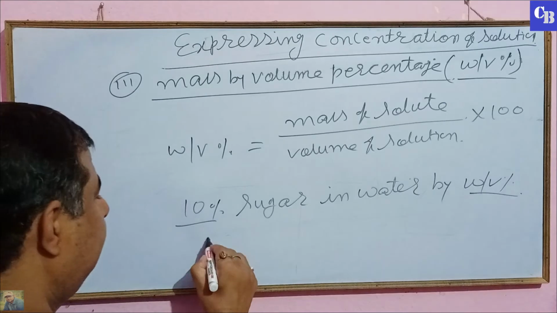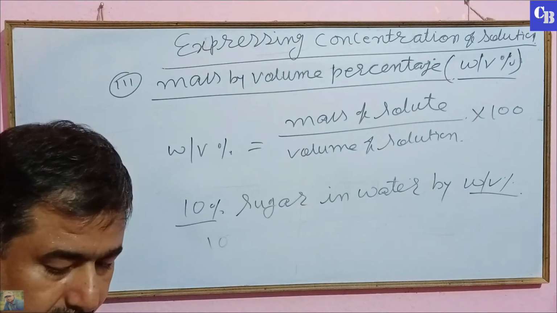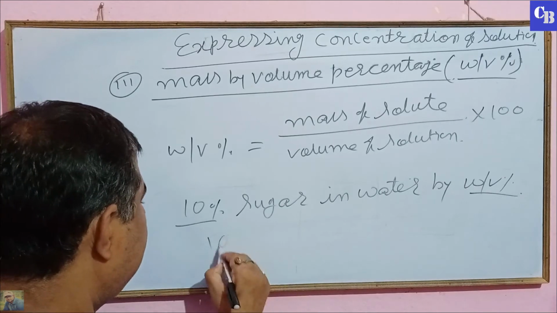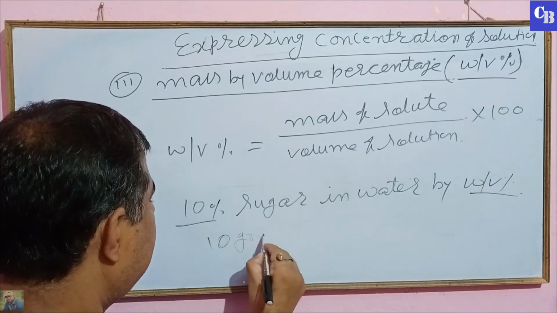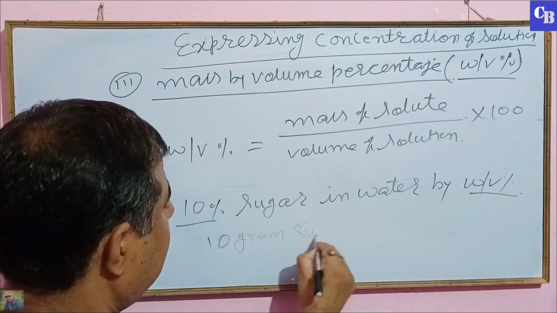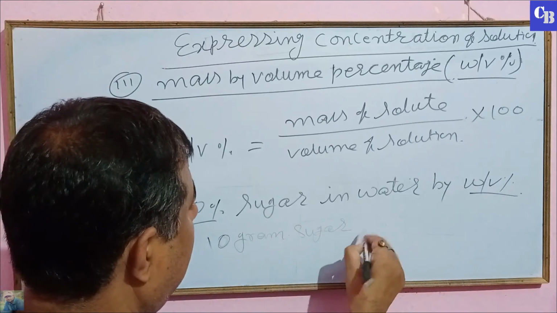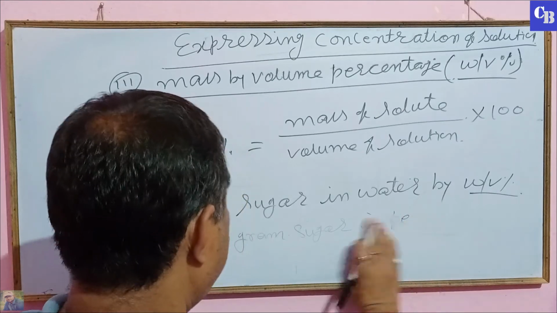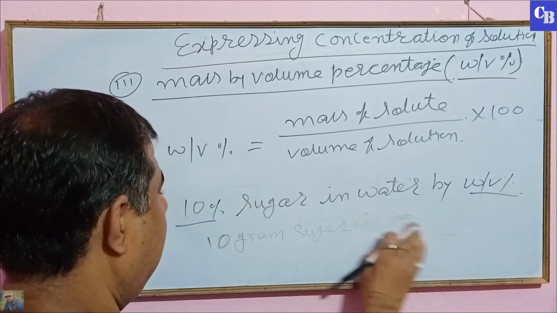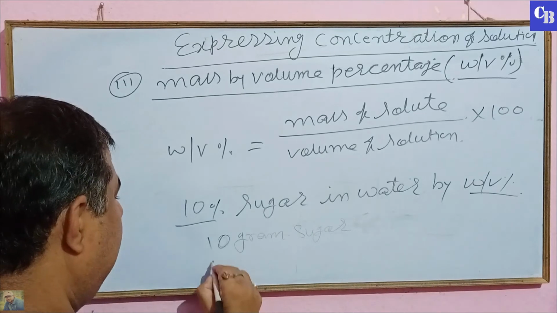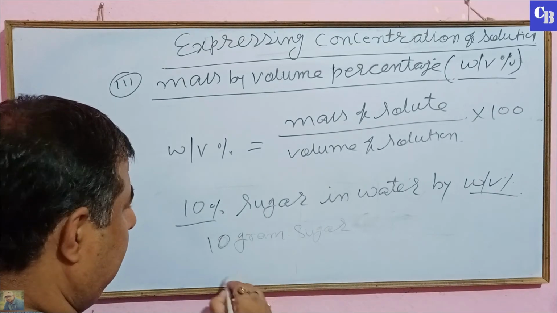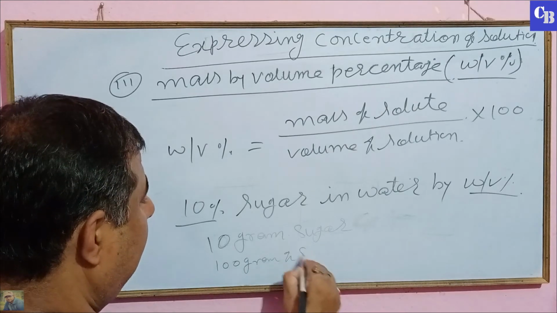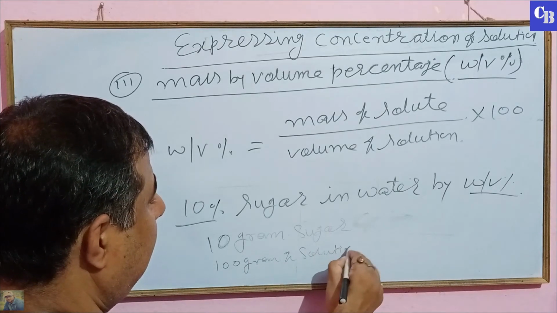It means 10 gram sugar is present in 100 milliliter of solution.